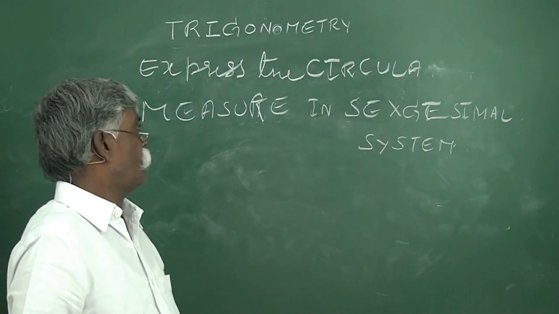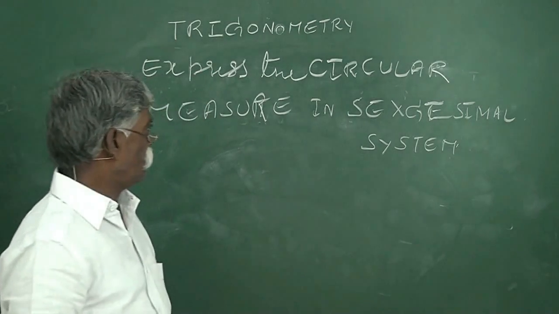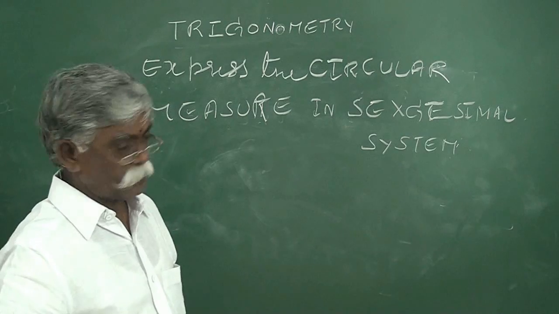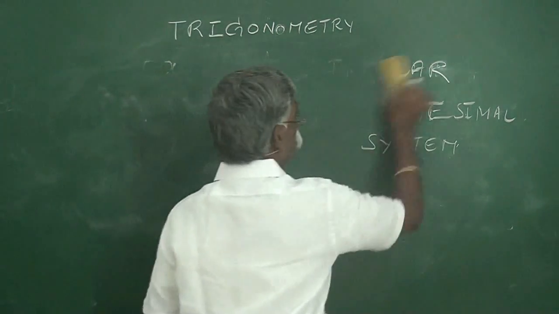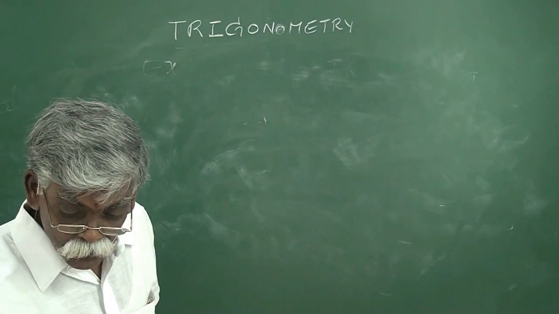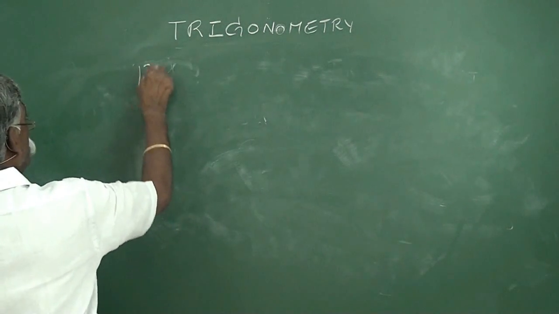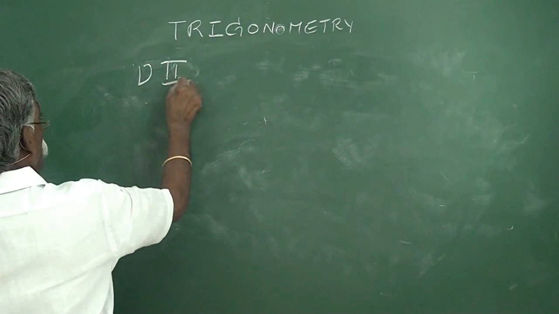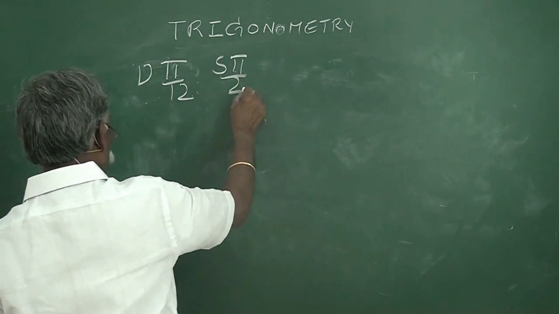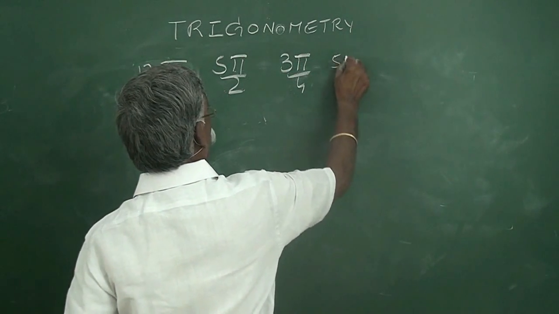So we will be given the angle in the circular measure, we have to convert it into the sexagesimal system. Pi by 12, 5 pi by 2, 3 pi by 4, 5 pi by 6.